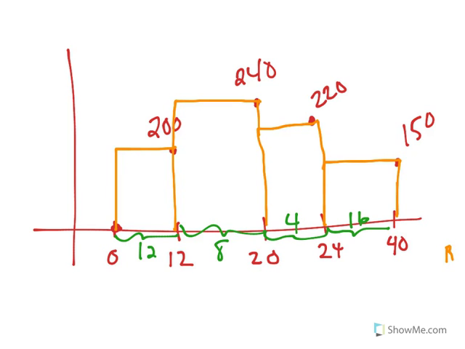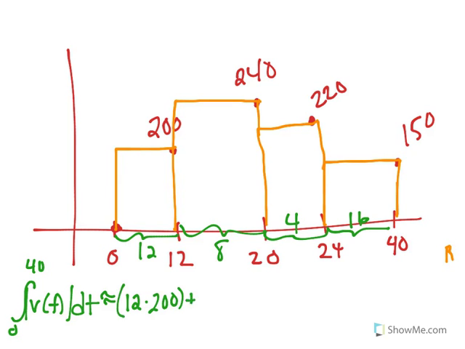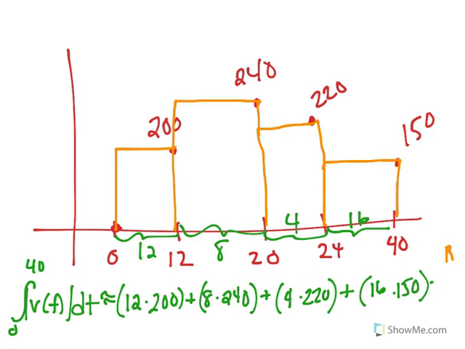So now I would say that the integral from 0 to 40 of the absolute value of v(t) dt is approximately 12 times 200 plus 8 times 240 plus 4 times 220 plus 16 times 150.